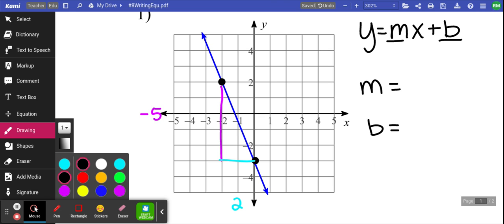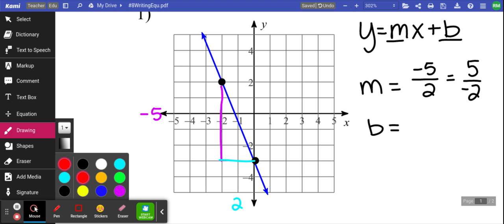So for your slope, you should have got -5 over 2. Okay. If you started at the other point, then you would have 5 over -2. Same thing. So here you could have 5 over -2 as well. Either one will work. Okay, questions about that? No? Okay, so we have our slope.